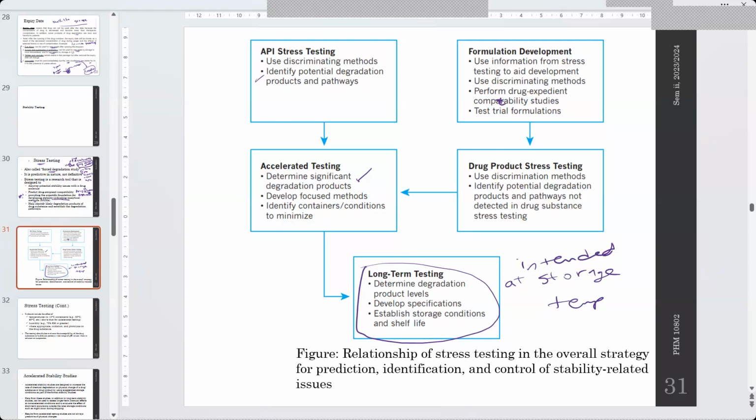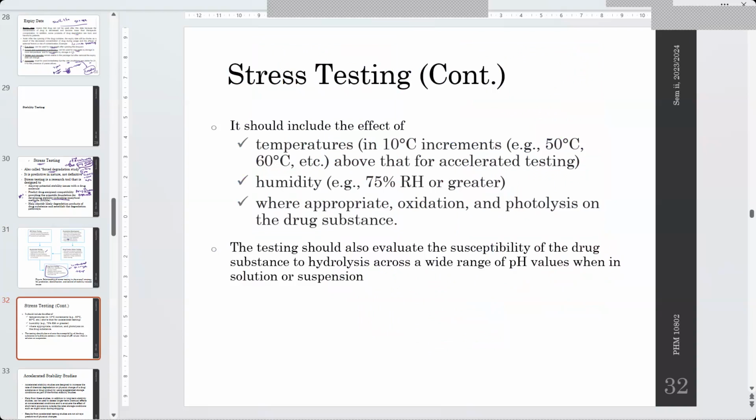This is the long-term testing or real-time testing. I can do it for formulation development, as I explained to you, and I can just do it for a mixture of drug with separate excipients individually, and then with the final formulation, and it can give me an idea about the compatibility of drug with these ingredients.